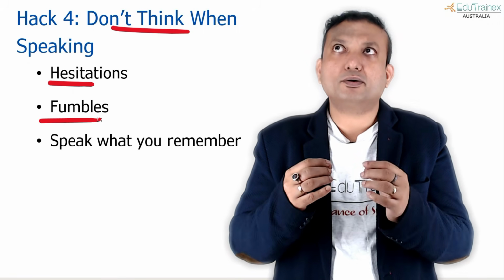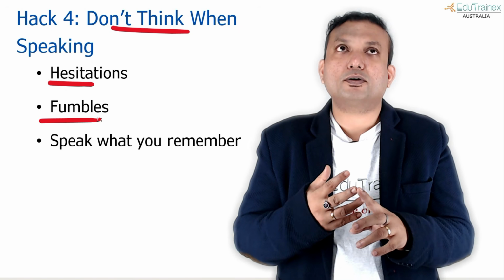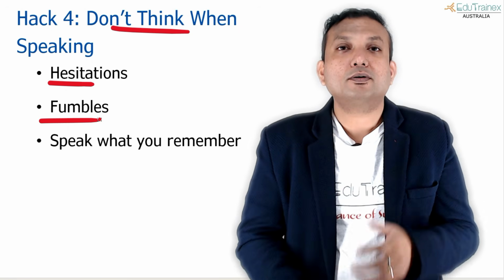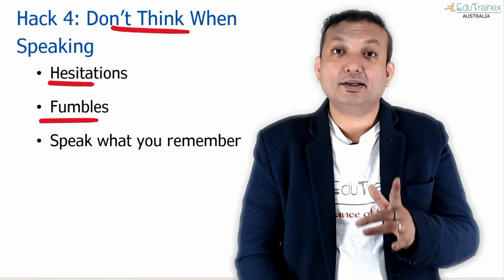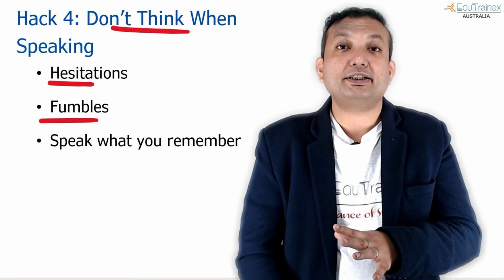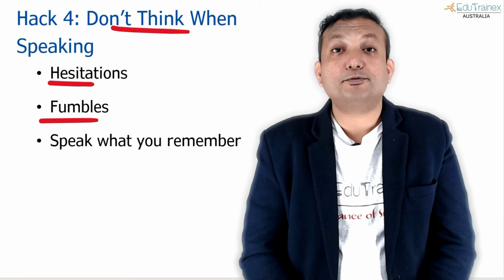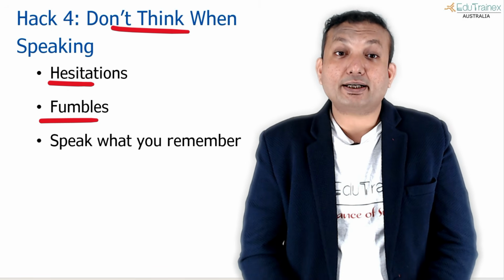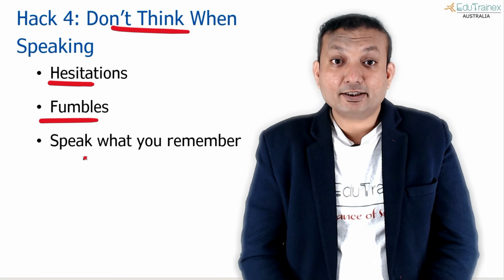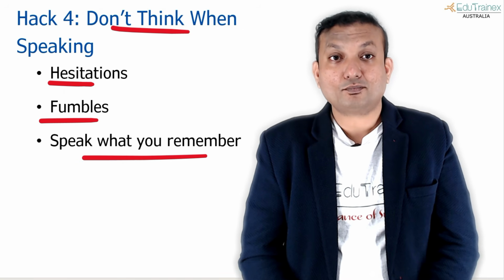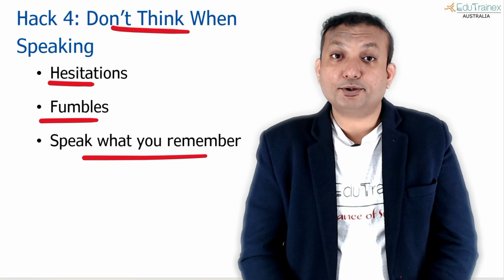The number one reason for failure is hesitation. Even if I don't remember the sentence, I will say everything fluently, whatever I remember. So that is what the third and the most important point in this slide says. Speak what you remember.